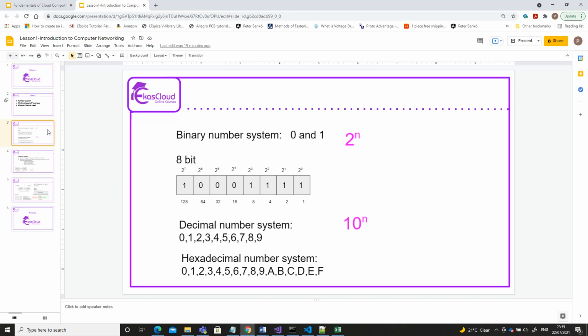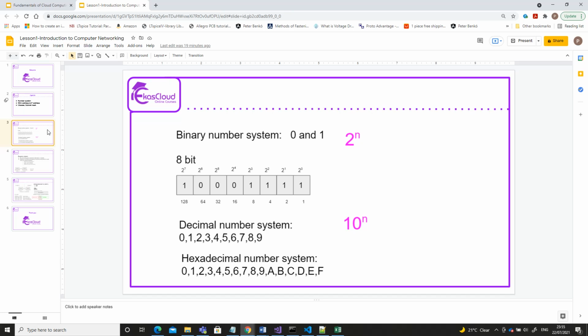It's called the hexadecimal system, which is 16. It consists of 16 numbers and letters. The hexadecimal number system is something in between. The main idea is to use it for better understanding and easier reading, although in the background the computer is always using the binary system, zeros and ones.